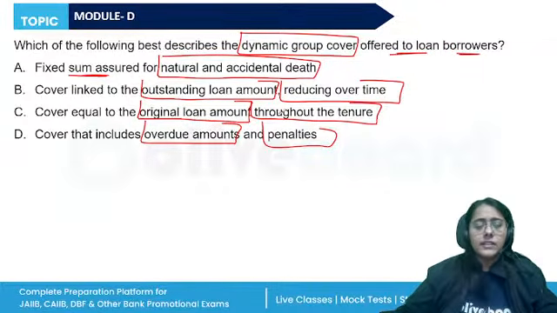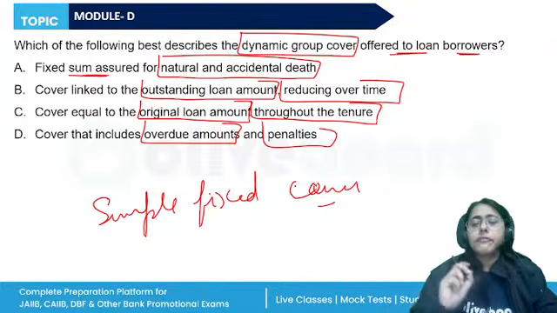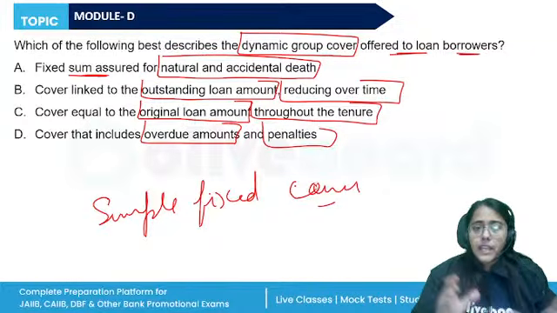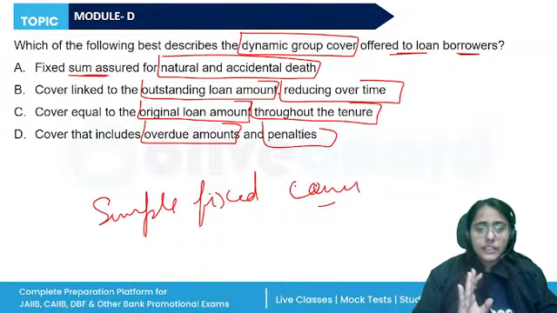One is a simple fixed cover, right? What happens in a simple fixed cover? On the happening of the natural or accidental death, the amount of cover is fixed. Let's say 1 lakh rupees for natural death and 2 lakh rupees for accidental death. However, the premium will be charged on the annual basis.